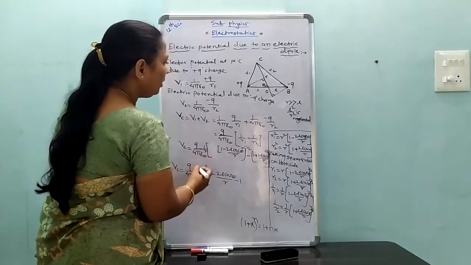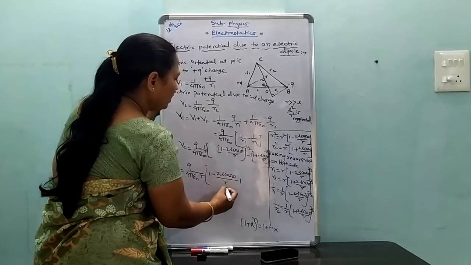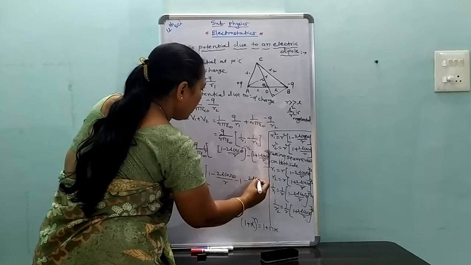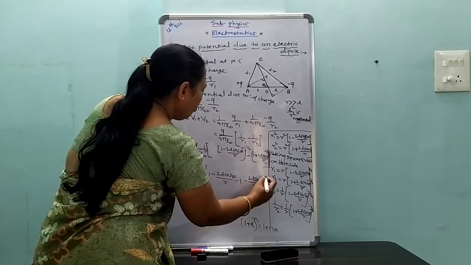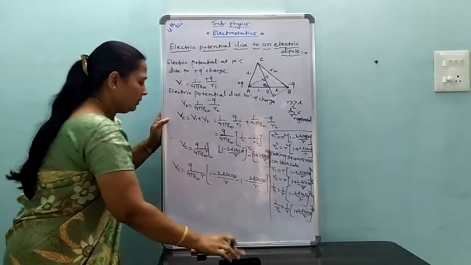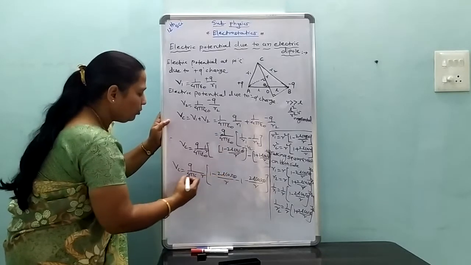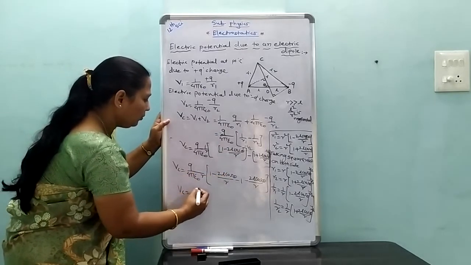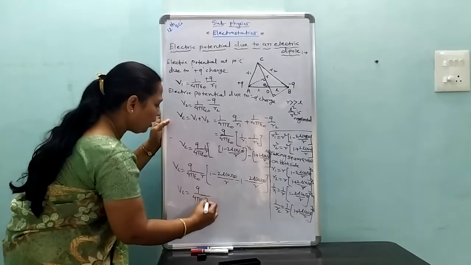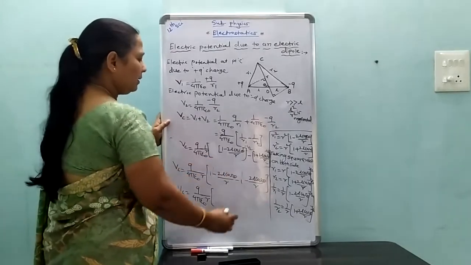Substituting 1 upon R1 and 1 upon R2 values, therefore Vc is equal to Q upon 4 pi epsilon 0 into 1 upon R in bracket 1 minus 1 get cancelled.